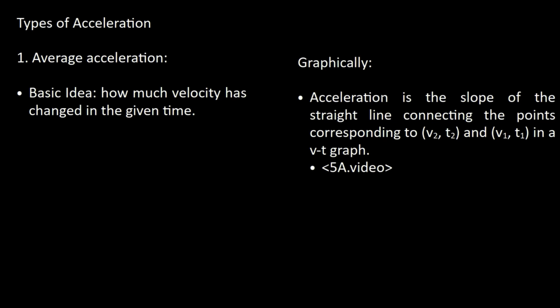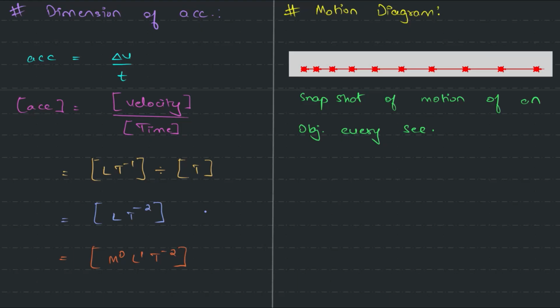So graphically, acceleration is the slope of a straight line connecting the two corresponding points in a VT graph. So let me show what it means. Say we have a velocity time graph, and we have some graph like this.